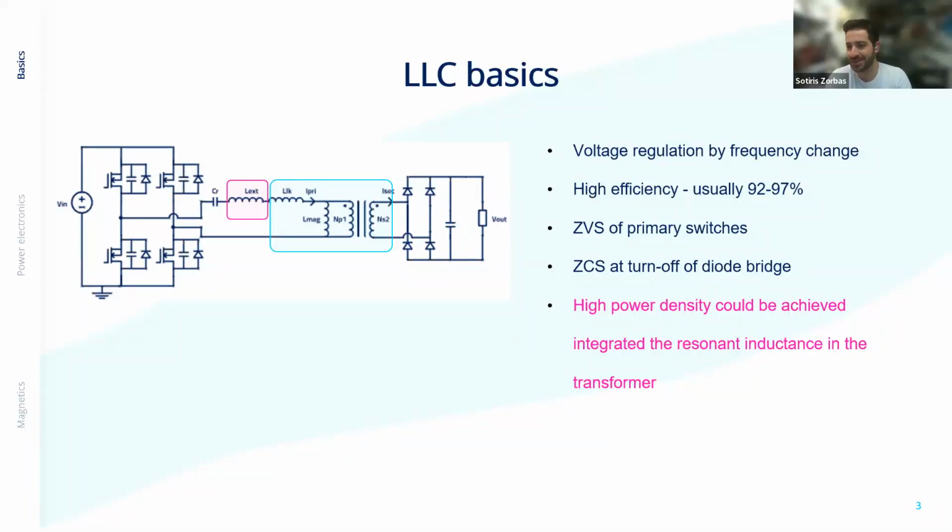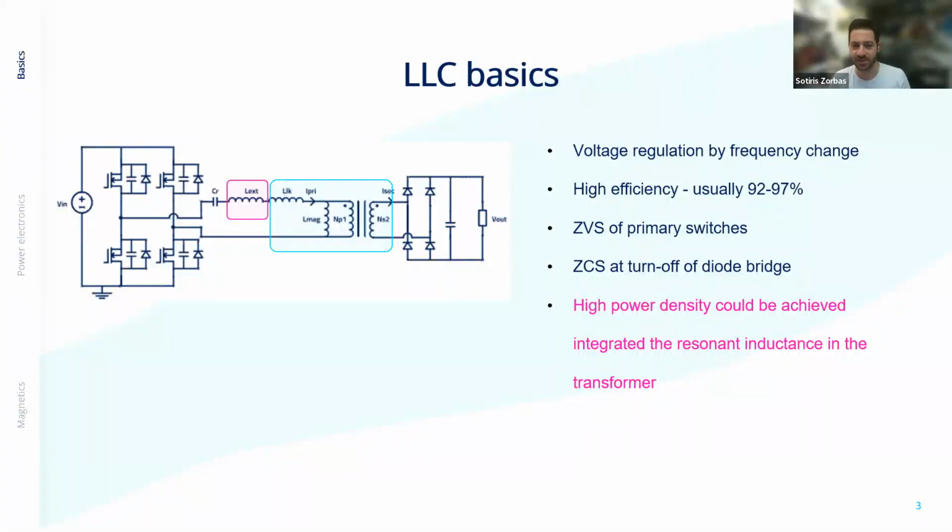If you take a look exactly at the LLC topology, which is half of the story, usually it's around 95-97% efficiency. And why is that? Because every switch on the primary exhibits zero voltage switching. Well, we should design to be able to operate in that area, but it's not hard in the LLC topology. And the bonus is that we have zero current switching at the secondary side.